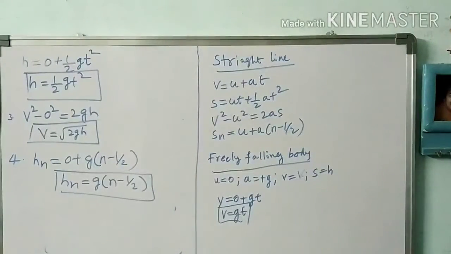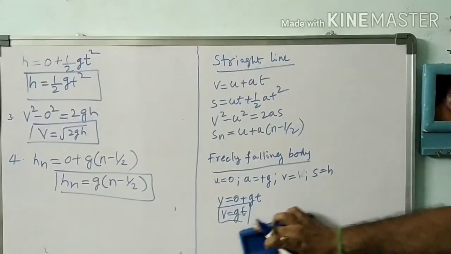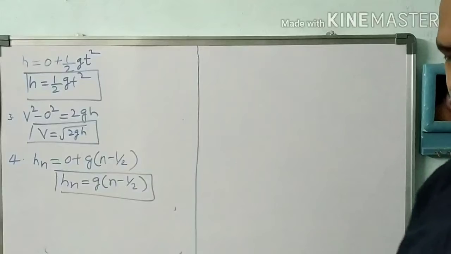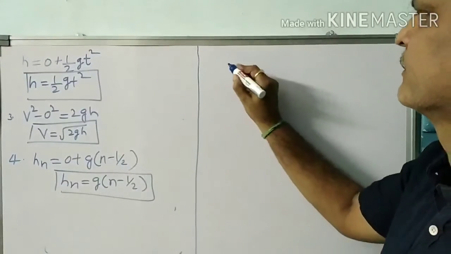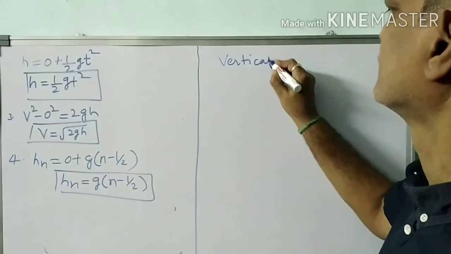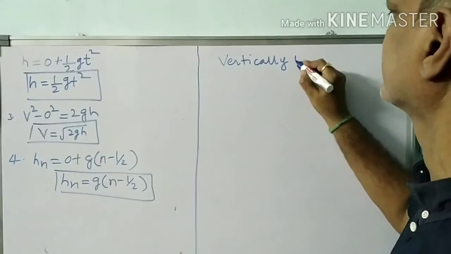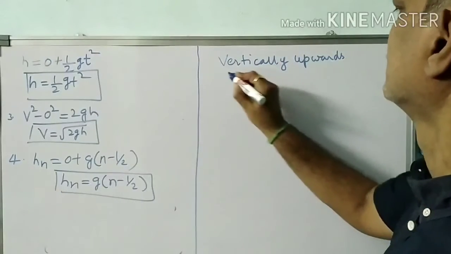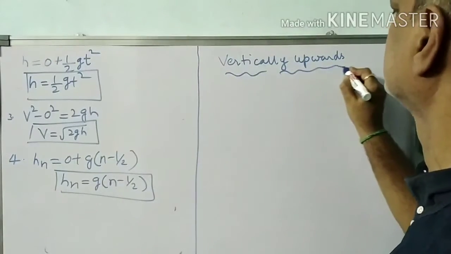Now, one is straight line, second one is a freely falling body. Now we go for the body vertically projected upward, that is, the body is thrown vertically upwards.